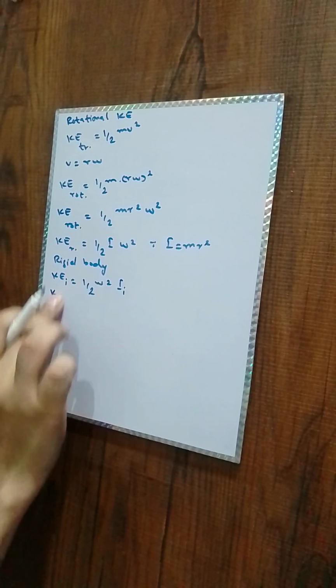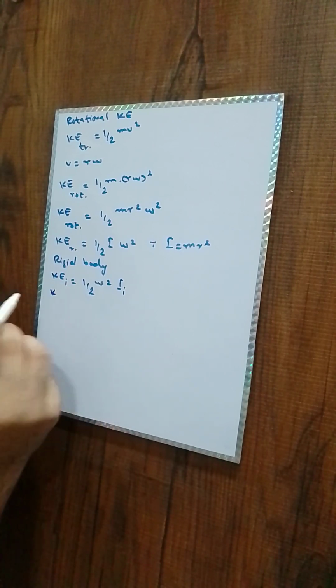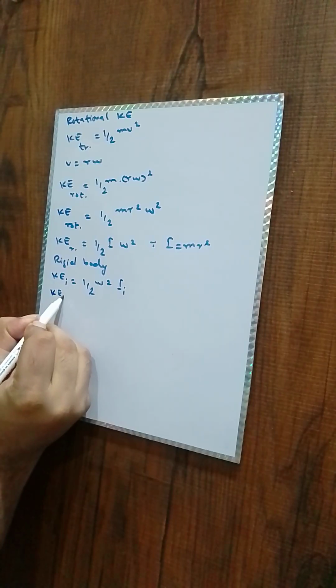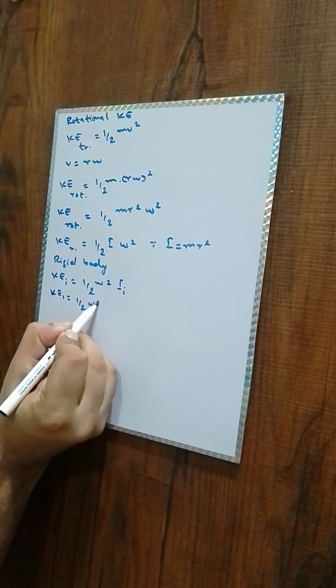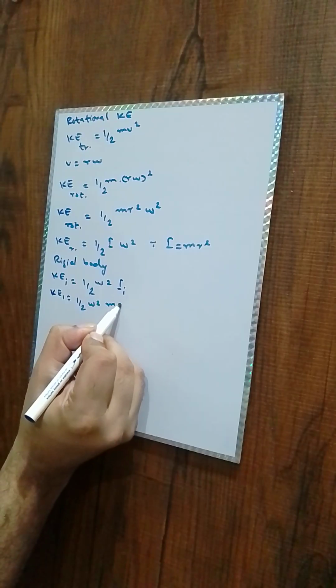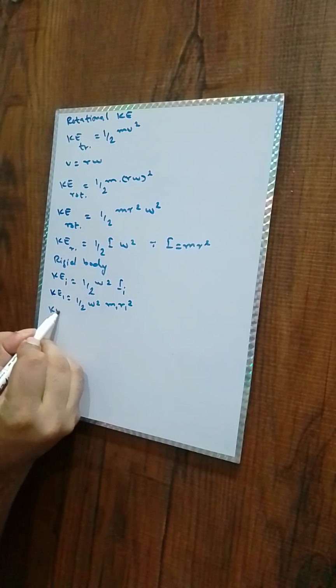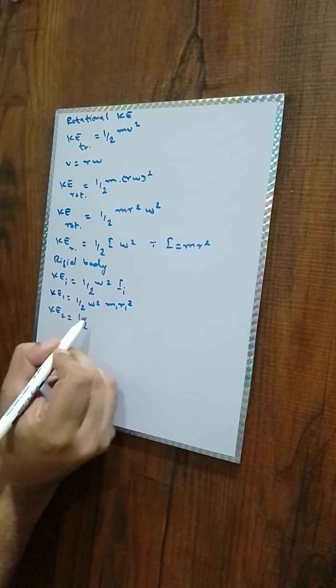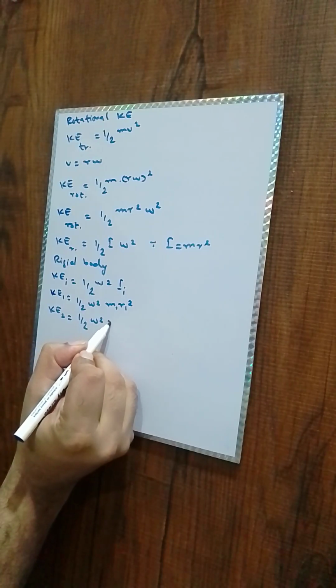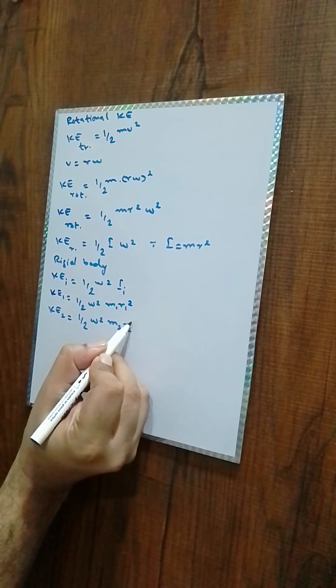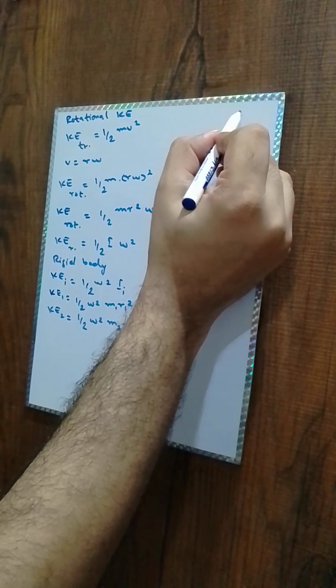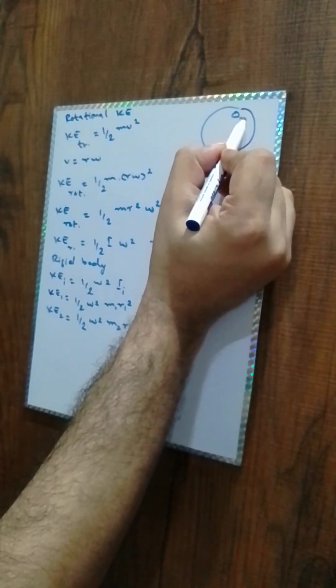So Ke1 is equal to 1 by 2 omega square m1 r1 square, and Ke2 is equal to 1 by 2 omega square m2 r2 square.